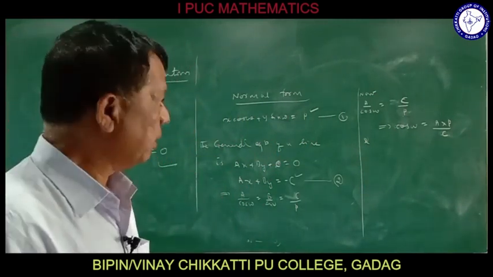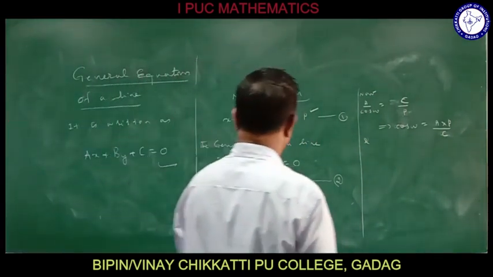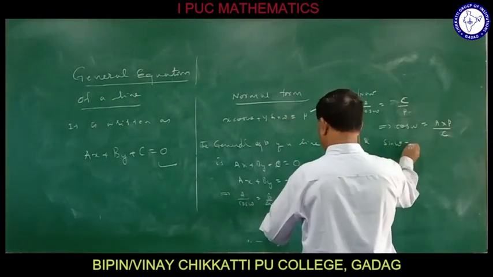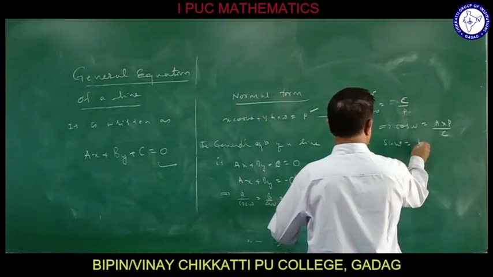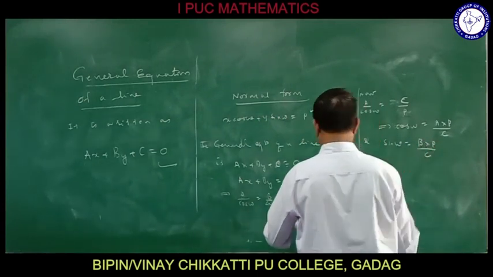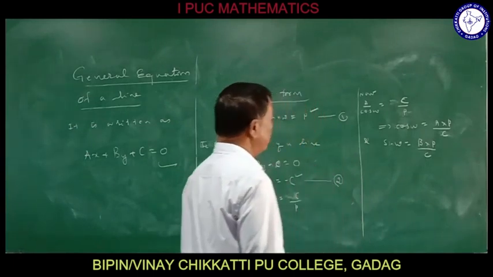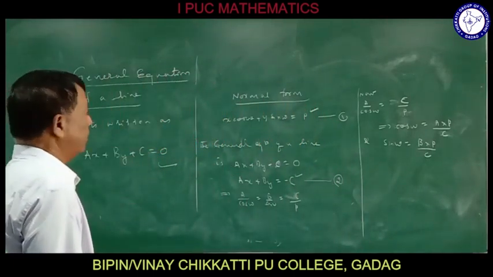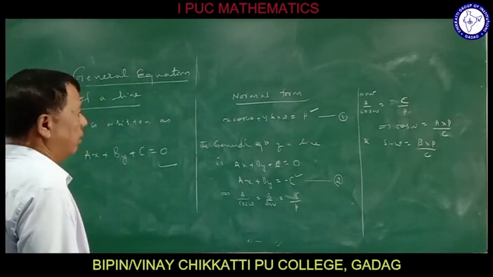So what is the value of sin omega? You see, sin omega is equal to b into p divided by c, and accordingly you have to see the result when you are substituting in equation number 1, sin omega and cos omega.